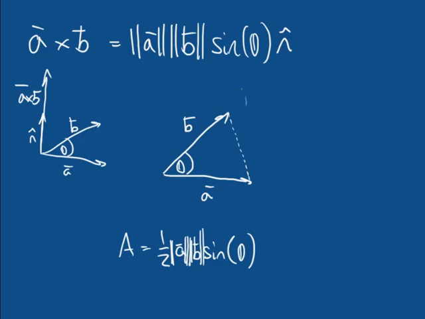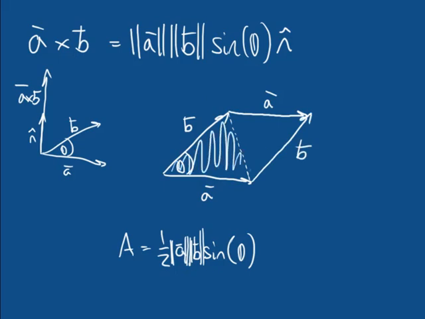Now, if we took this idea, this concept, and extended it to construct a parallelogram as defined by these two vectors, we'd have another copy of A that sits up here, and we'd have another copy of B that connects here. And we know that if we know the area of this half of the parallelogram, the area of this half is the same.